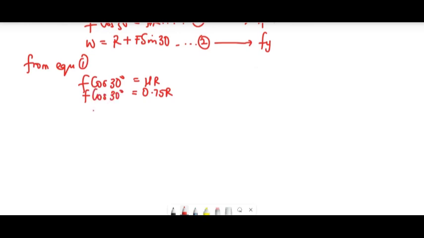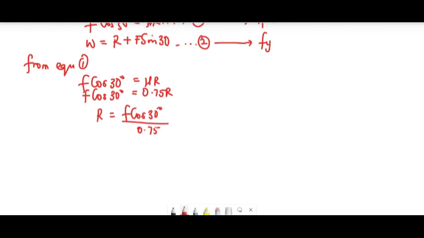Now note that whenever you are asked to find the force, you make R the subject of formula. Whenever you are asked to find the normal reaction, you make F the subject of formula. So making R the subject of formula, I'm going to have F cos 30 degrees over 0.75. So take the division of cos 30 degrees by 0.75.